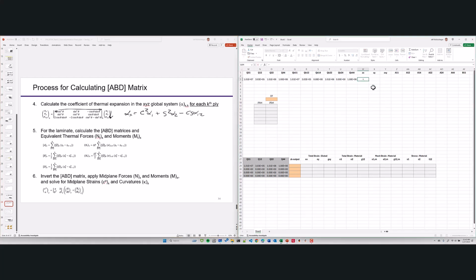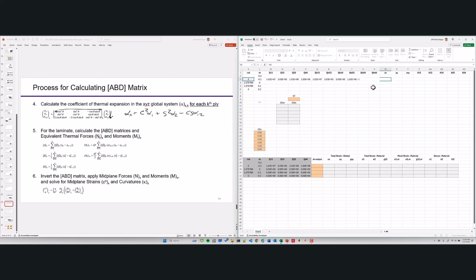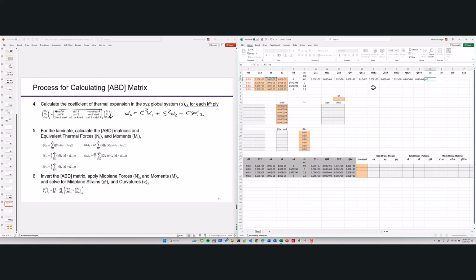So this is equal to, I'm just going to do it in reverse order here. So alpha 1 times the cosine of the angle squared, and then plus alpha 2 times the sine of the angle squared.